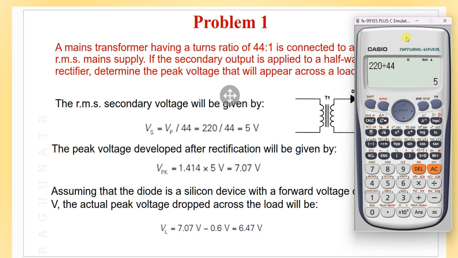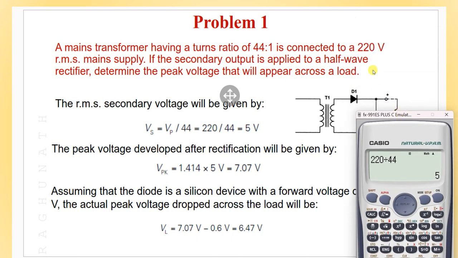So this is the secondary voltage appearing here. At the primary side we have 220 volts, and at the secondary before the diode we have 5 volts. It is an RMS value. RMS stands for root mean square value, because in the primary also they have given 220 volts RMS.